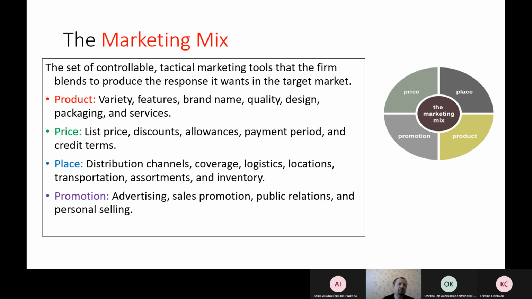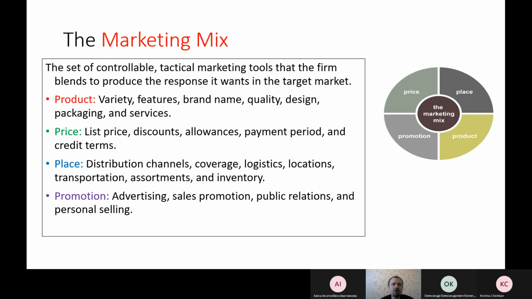So it will be your task to create a chapter for your business analysis, and in this chapter you have to describe first of all the product. We will speak in detail a little bit later, in several minutes. When describing the product, you have to describe characteristics, design, packaging, services.